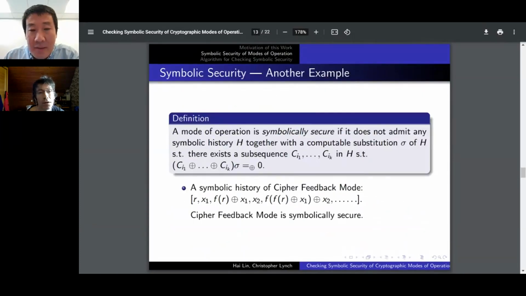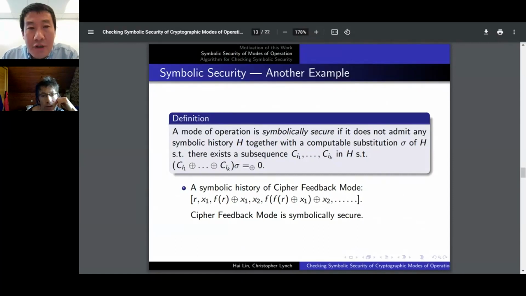The uniqueness property and the symbolic security are both satisfied. But for Cipher Block Chaining, the properties are not satisfied. But does it mean that you already have several examples showing that this sufficient condition is good enough to conclude about the security of the mode of encryption?